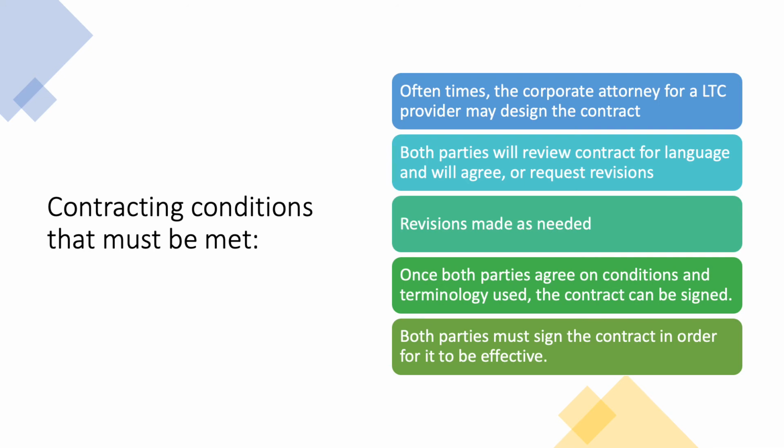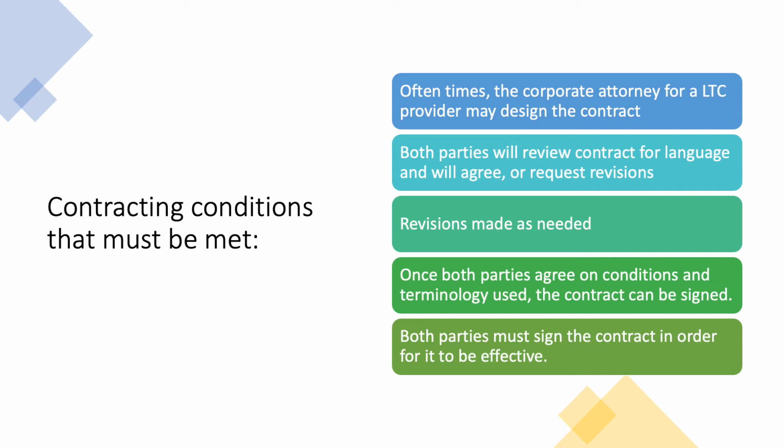So as the contract process begins, it's usually the corporate attorney for the long-term care company that may design the contract. The other company or the service might also propose their contract, but once both parties review the contract, then it must be signed and dated after both parties agree on the language and the terms.